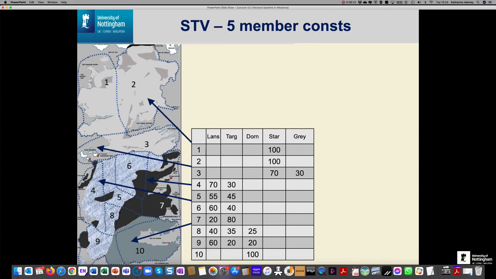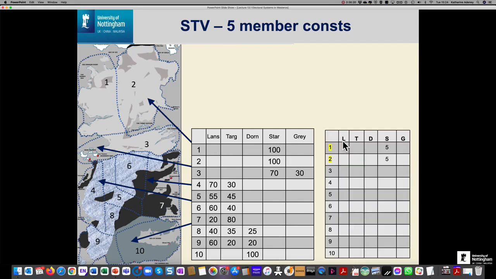And these same Stark rulers are not being particularly accommodating towards the Greyjoys, so you don't see that same cross-ethnic trading. So what's happening then is you see that in constituency 3, 3 seats go to the Starks, 2 seats go to the Greyjoys.